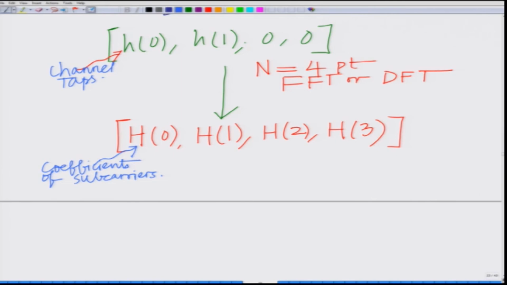Now, from the estimates of the coefficients of the subcarriers, if you want to construct the channel taps, we have to look at the IFFT, because the FFT of the channel taps gives the channel coefficients on the subcarriers. If you take the IFFT or the IDFT, you get back the channel taps. So, now we have the estimates of the channel coefficients on the subcarriers. How do we find the channel taps? We take the IFFT or the IDFT.